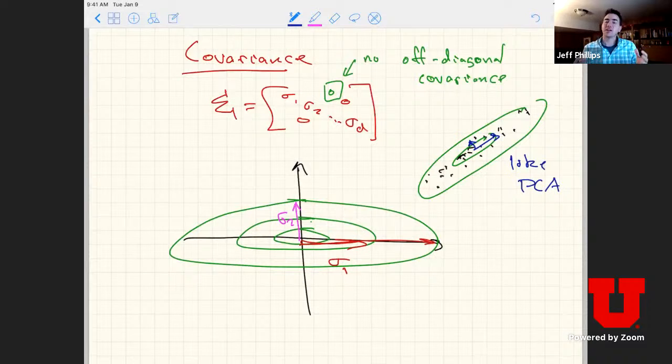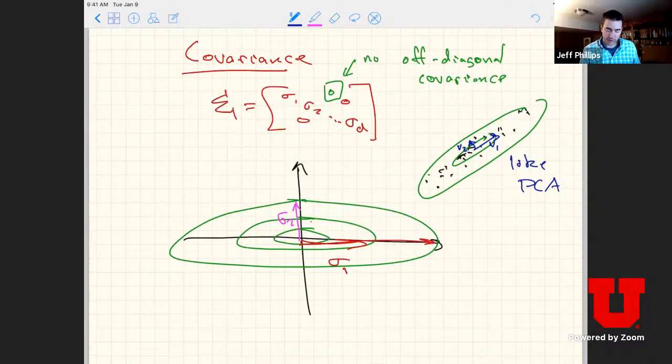If I did decompose sigma by the SVD, since it's a square matrix, I can do the eigen decomposition. I would get eigenvectors V1 and V2, and the eigenvalues would tell me how much it's stretched in each direction. That's how to think about this covariance matrix and what it's telling us.